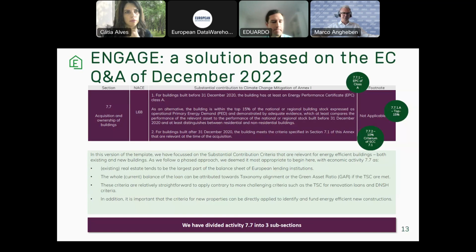And some high level overview in terms of this section, which we have divided into three subsections: one on the Class A, the other one on the top 15%, and the significant contribution criteria of the 10%.